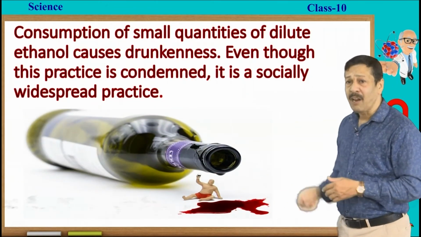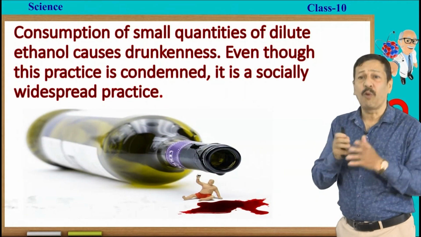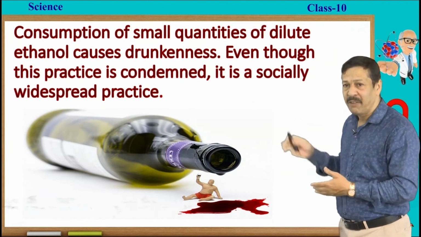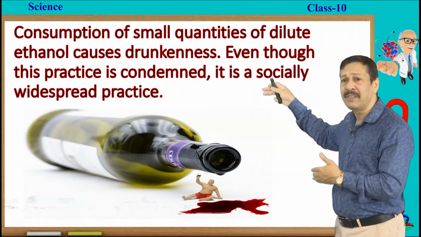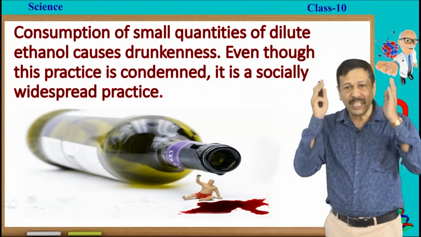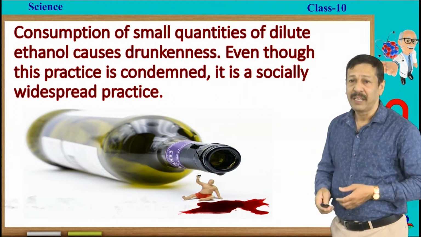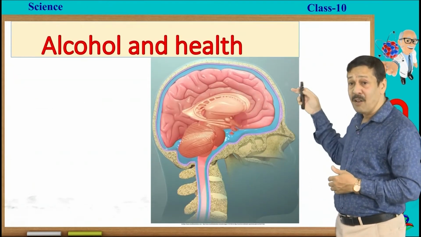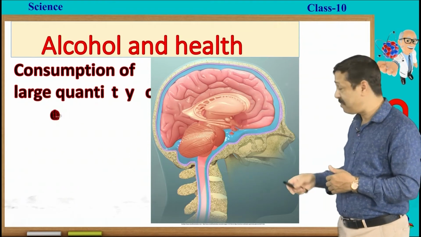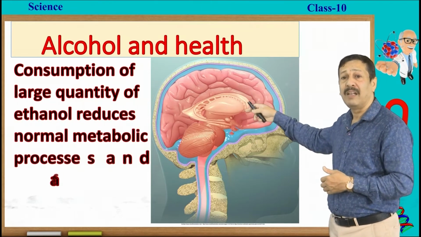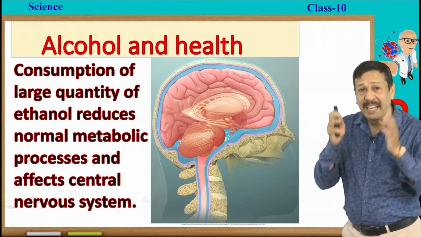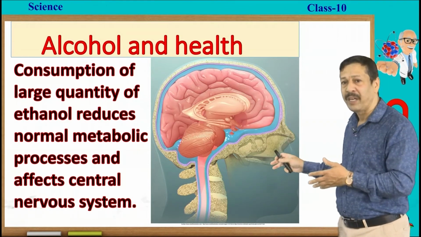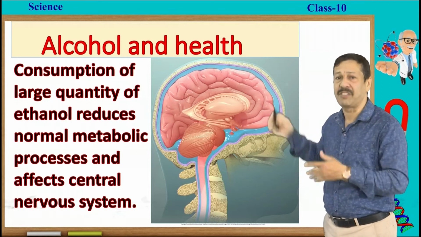Consumption of alcohol in small quantities leads to drunkenness. Even though this practice is condemned, it is a socially widespread practice. It is deadly dangerous, and it also affects our CNS. Consumption of a large quantity of ethanol reduces normal metabolic processes and also affects the central nervous system.